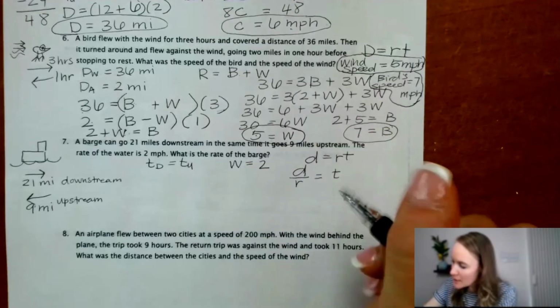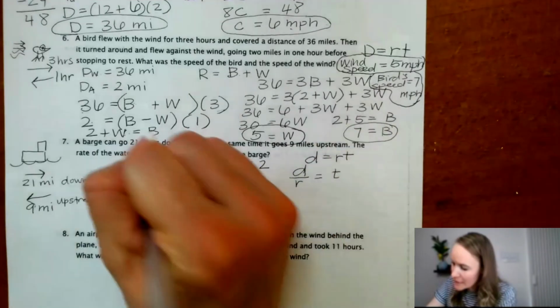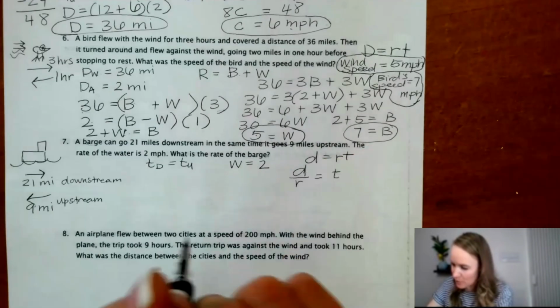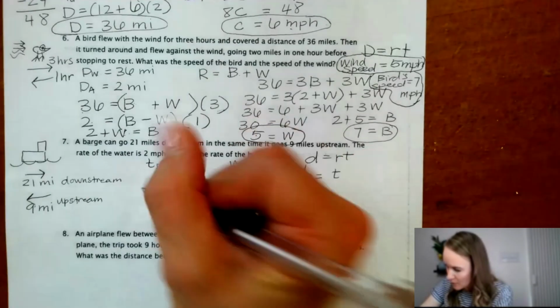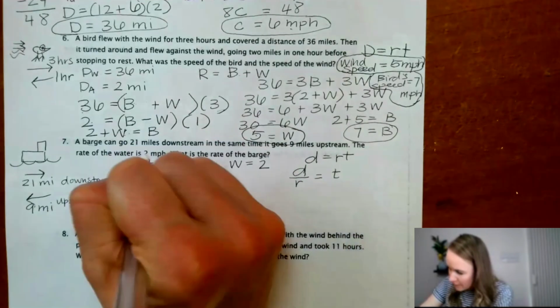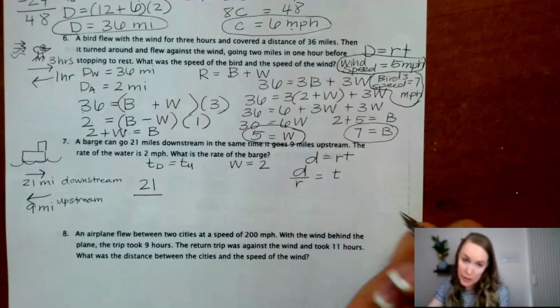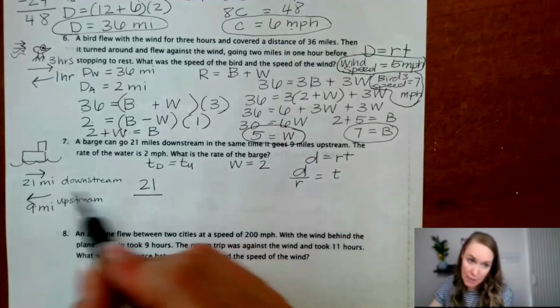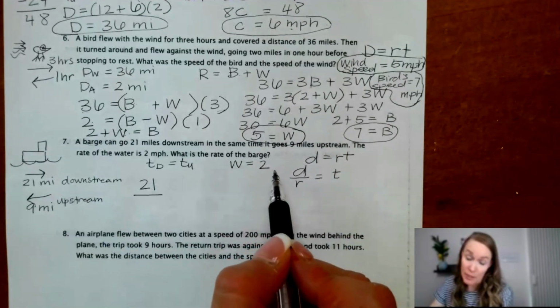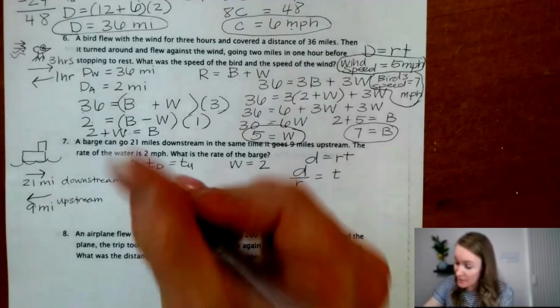Okay, so D downstream, the distance downstream is 21 miles. So 21 divided by the rate. So we know the rate of the water is 2. So when I'm going downstream, the water is actually helping me. So we're going to add it to the rate of the barge.